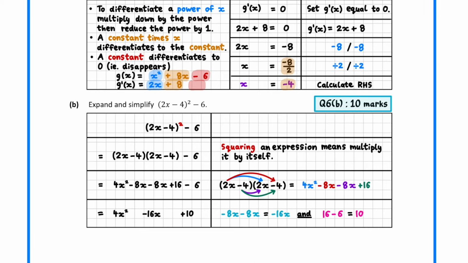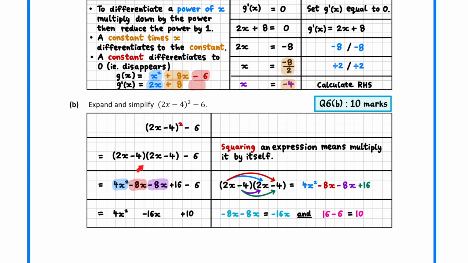In part B, we must expand and simplify an algebraic expression. To start, we can rewrite the 2x minus 4 squared as 2x minus 4 times 2x minus 4. Then we multiply out the brackets. 2x times 2x is 4x squared. 2x times minus 4 is minus 8x.